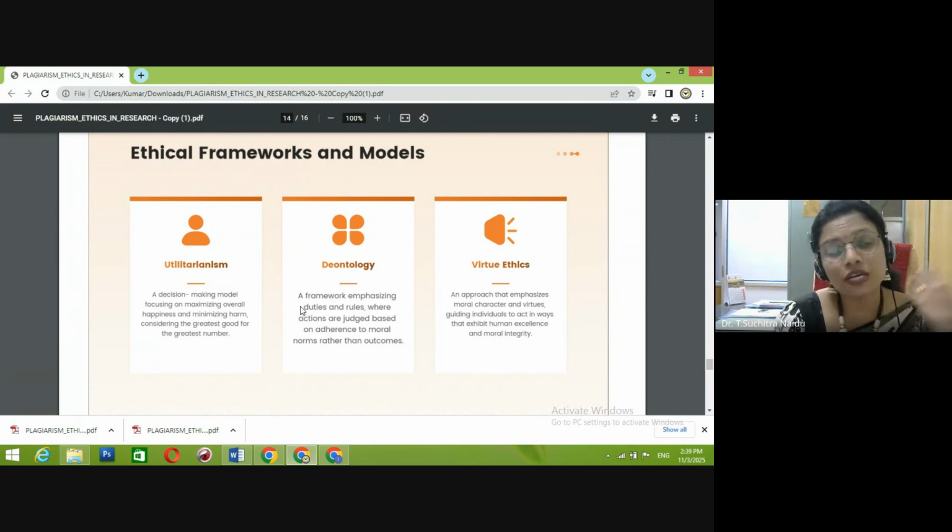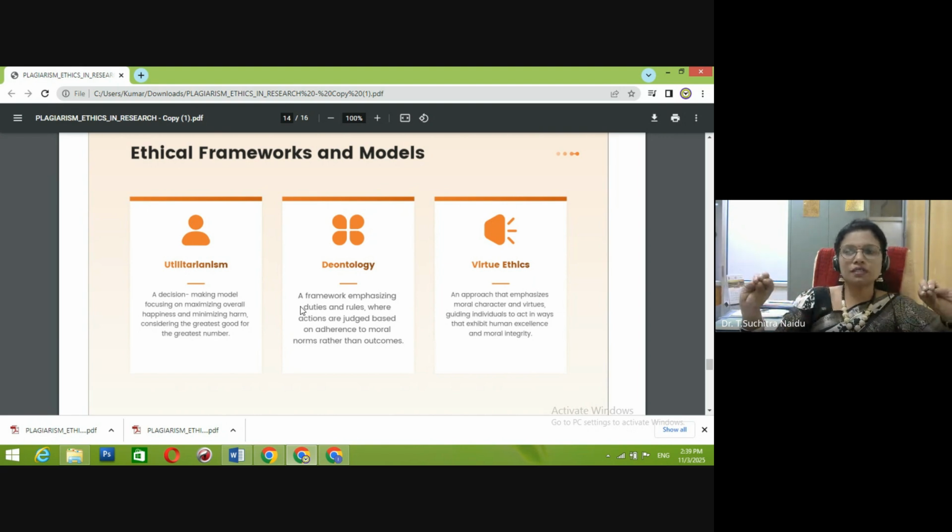So for that, we have a structured format, and that is known as an ethical framework. So the importance of having an ethical framework is, first of all, clarity in decision making. Second, it is consistent. And third, people build trust, and the decisions are very transparent, well reasoned, and professional.